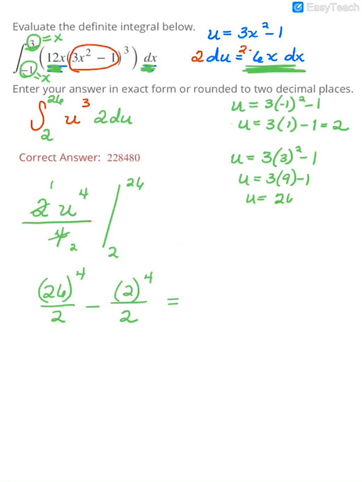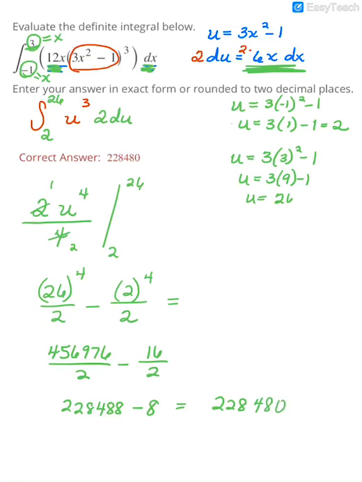And so if we go ahead and evaluate that out completely for our exact form, 26 to the 4th power is going to be 456,976. 2 to the 4th power is 16. And then if I divide by 2, I get 228,488 minus 8. And so that will leave me with 228,480.